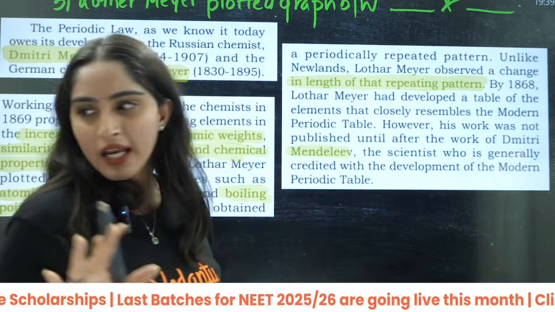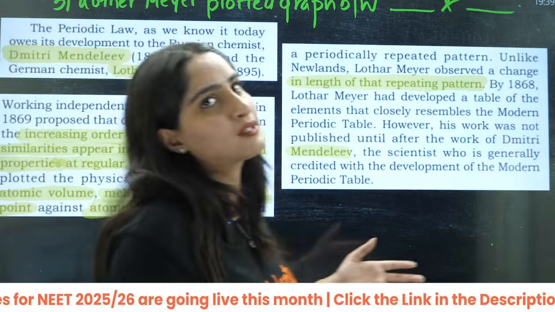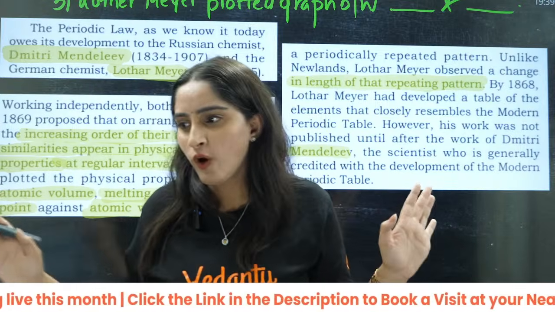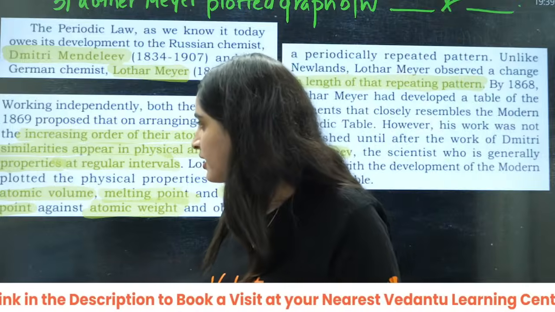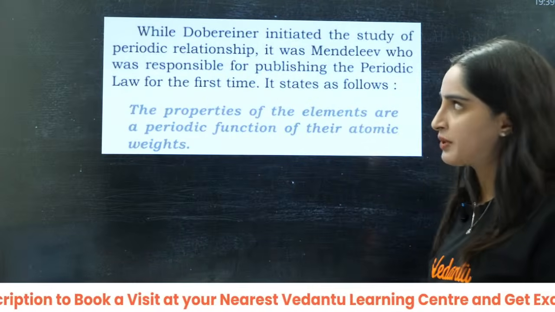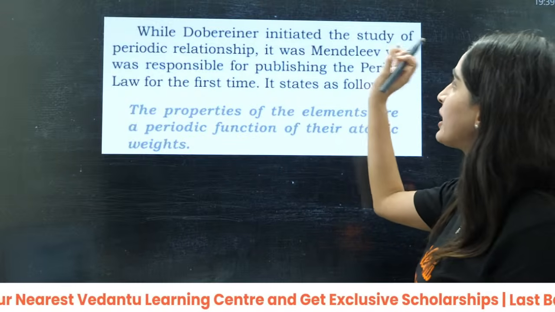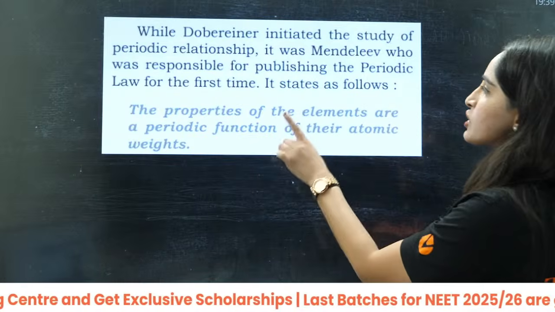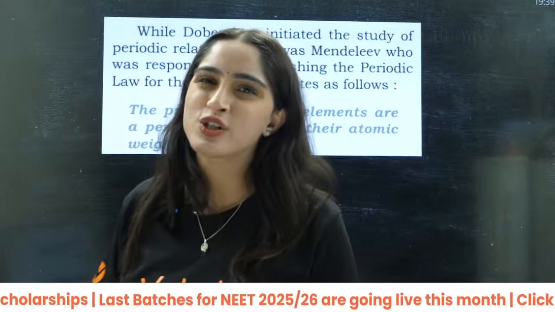So that is a very harsh reality of science that we just saw here, that Lothar-Meyer was not appreciated. Do you also feel very sad for Lothar-Meyer? I feel very sad. So much hard work, but still he was not appreciated for that. While Dobereiner initiated the study of periodic relationship, it was Mendeleev who was responsible for publishing it. NCERT is also very sad about it.